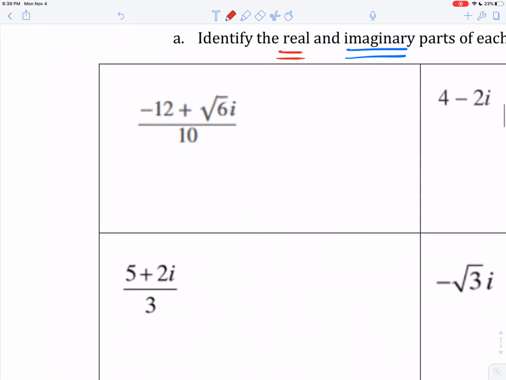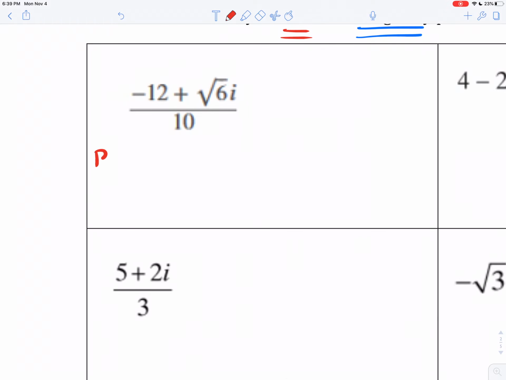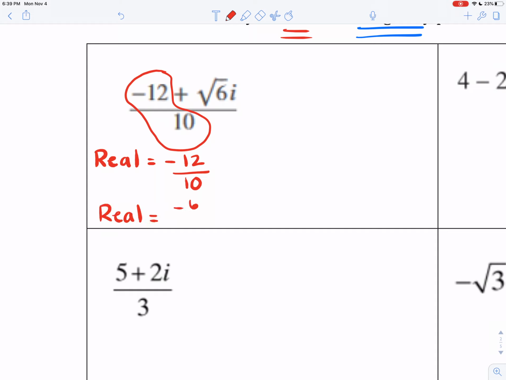So in this first example right here, the real part of my number would be this entire first part, which is negative 12 over 10. Now, if I can simplify the real part, I want to do that. Both of those are divisible by 2, and so I'm going to state the real part of this number as negative 6 over 5.